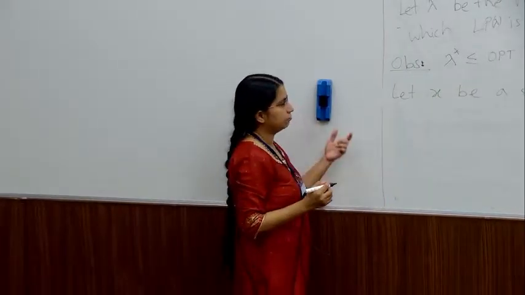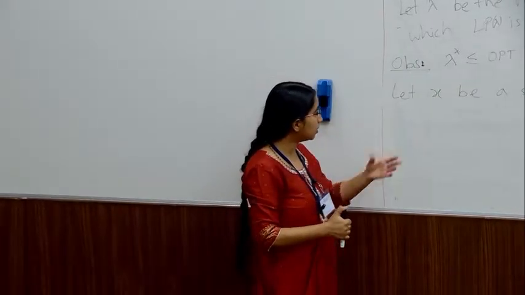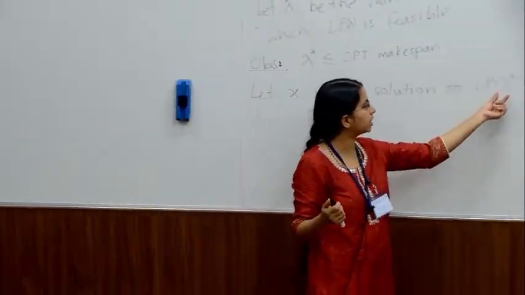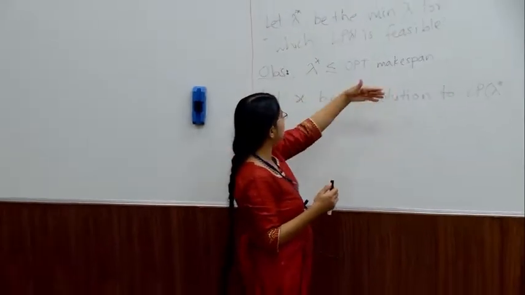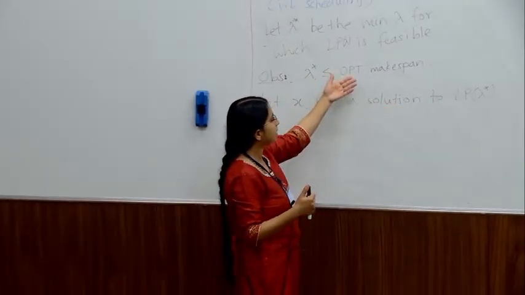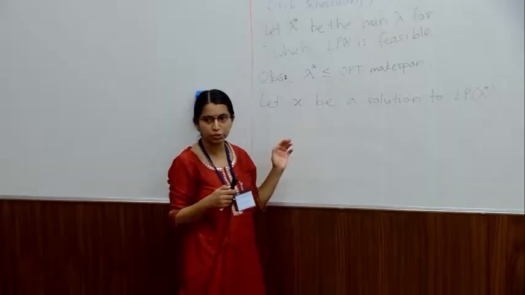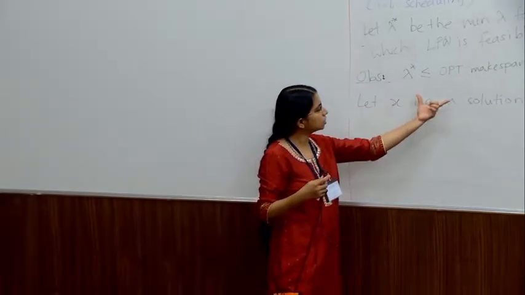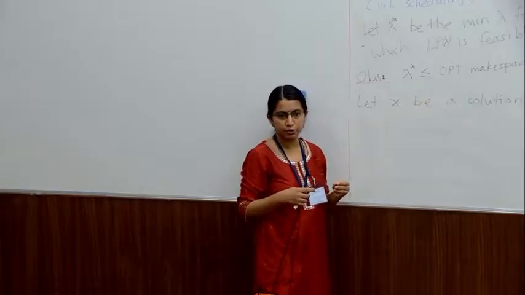I have to be specific about lambda. x can have fractional values as well. If at all x turns out to be integral, that is great. We have an integral solution with make span lambda star. Since this is the minimum value, even with fractional values allowed, we will have the optimal solution itself. So that is too much to hope for. So what happens if x has lots of integral values but very few fractional values?